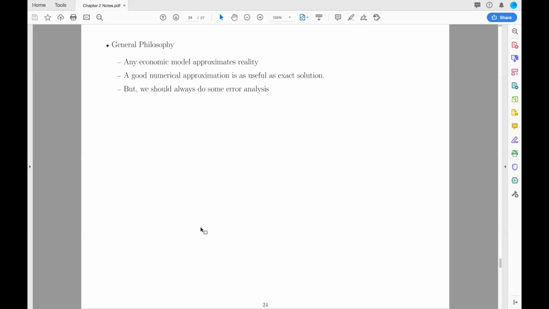You see, you already have significant approximation problems in choosing a model to represent some economic phenomenon. I argue that in that case, that's when you want to be really accurate on your numerical solution.